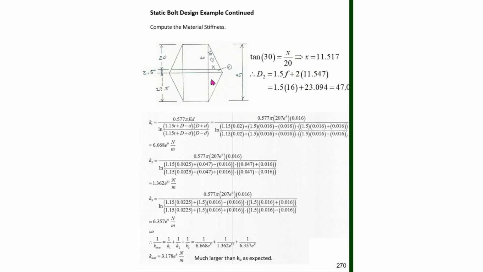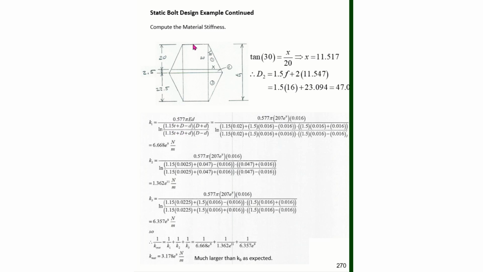And then our final third cone will be all the bottom material, or the material of the cylinder. So I need to come and compute K for each one of these springs, or each one of these cones. To do that, I'm going to use this basic equation right here.